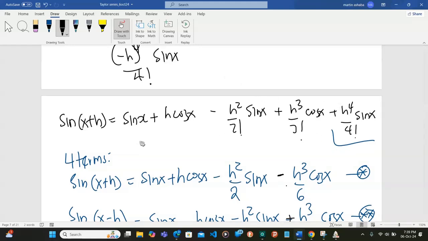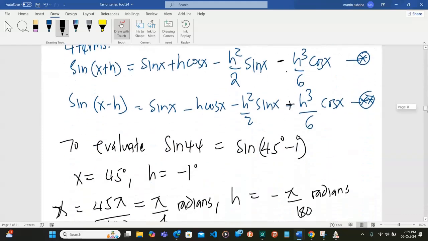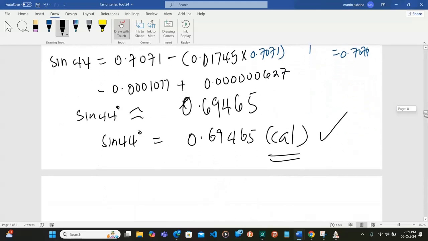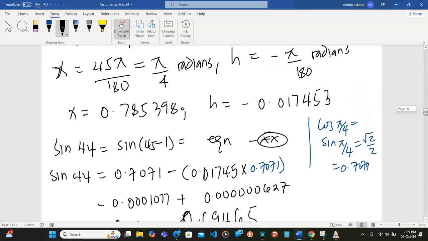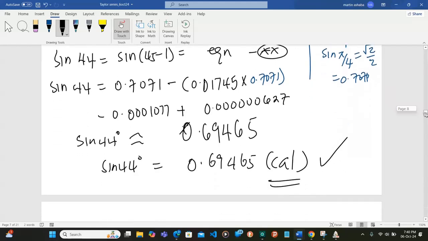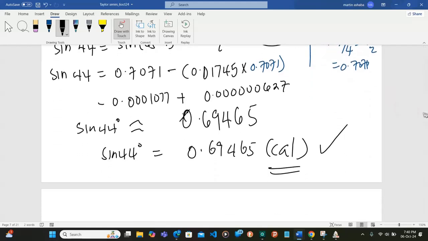Then it is from there that we had to manipulate that sine of x plus h into sine x minus h, so that we get something that is related to sine 44, because sine 44 is the same as sine 45 minus 1. Then we had to first of all convert the 45 degrees into radians and the 1 degree into radians. And evaluating that, we would get our answer as that.